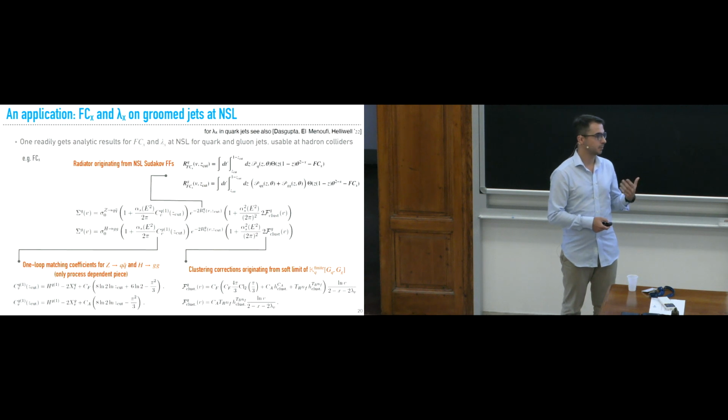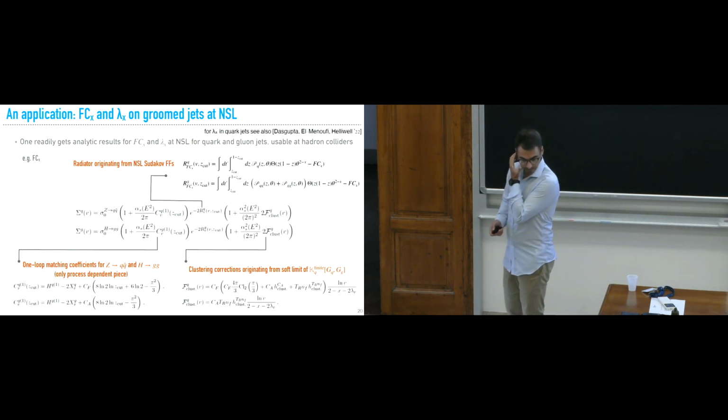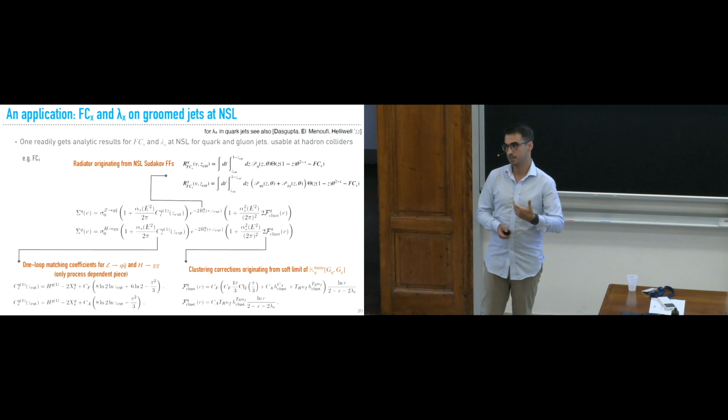Okay. So these are simple calculations in this case, but the nice thing about these observables is that thanks to grooming, you can directly apply them to hadron colliders, where now the whole process dependence is in these matching coefficients, and this will need to be replaced with a proper calculation with, for instance, the NLO Z plus jet production. Then it's convoluted with this prediction for the fragmentation of the jet. That is something that is independent of the hard process.